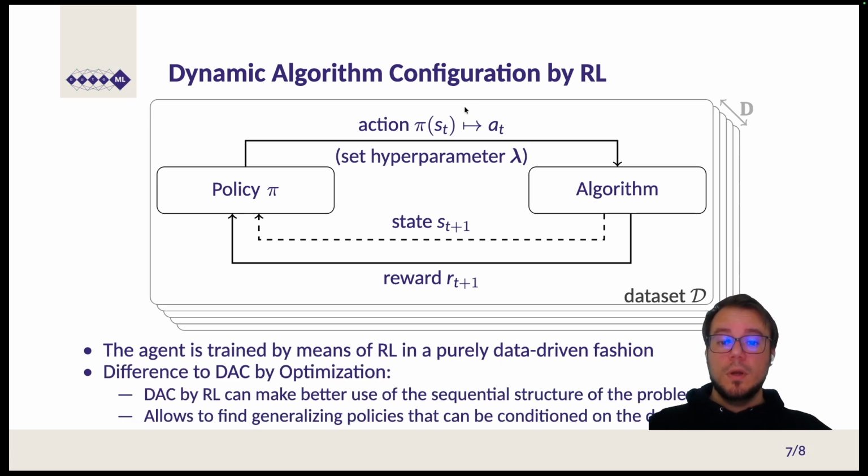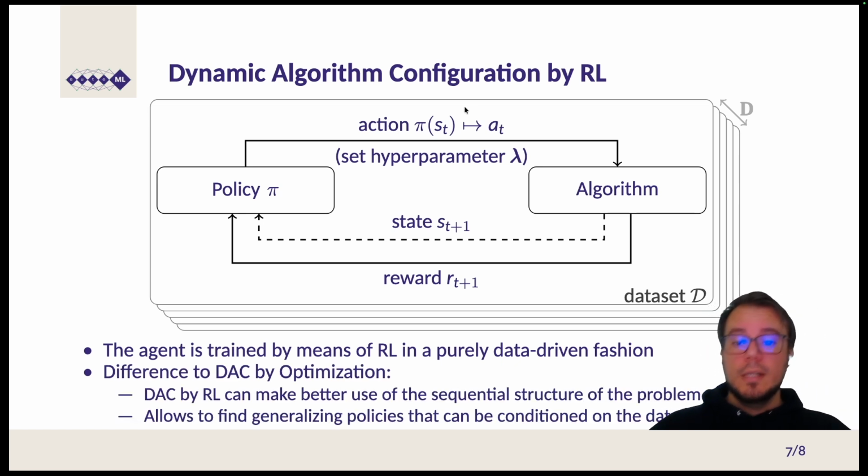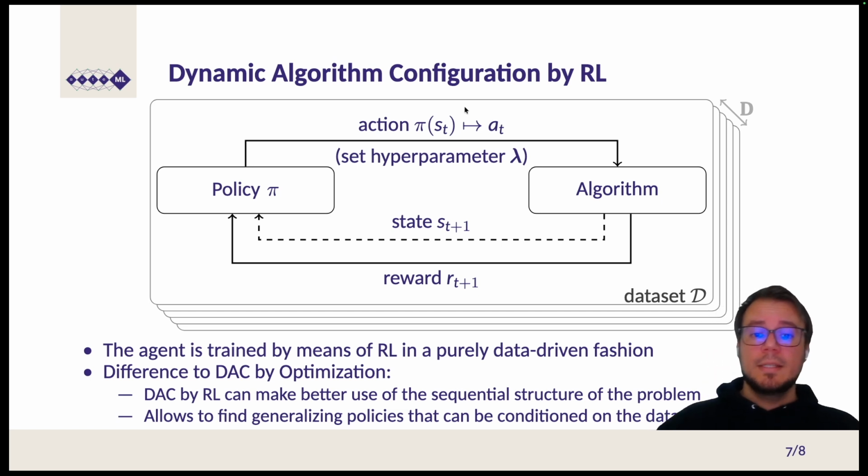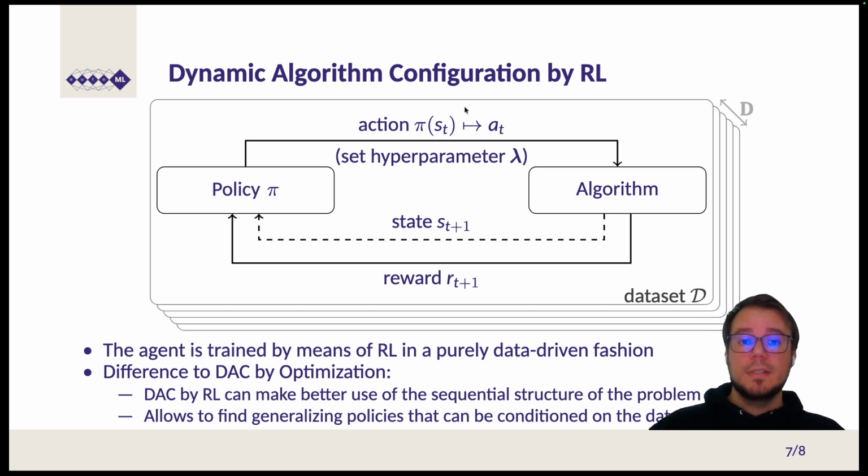And the difference to optimization here is that DAC by RL can make better use of the sequential structure. RL is really one of the best sequential decision-making approaches, and it can leverage the structure very well. And like I said also earlier, you can have an easier time adapting your hyperparameters, for example, by directly taking into account how the previous hyperparameter value was set in this algorithm, how it transitioned, and so on.